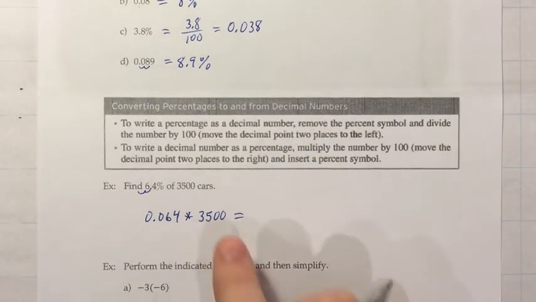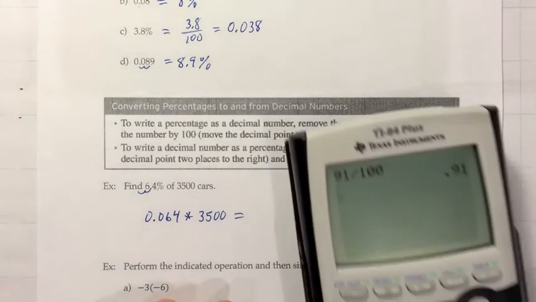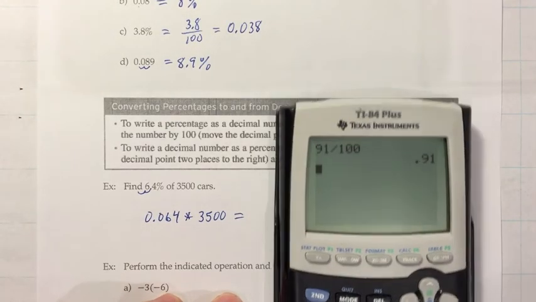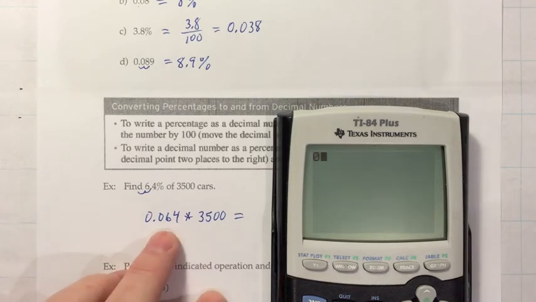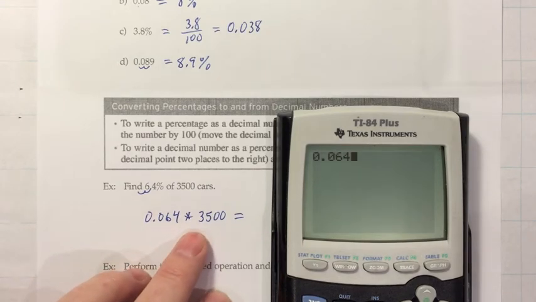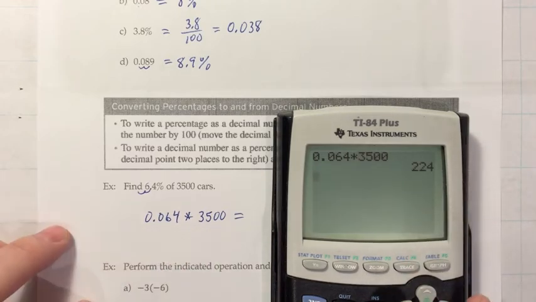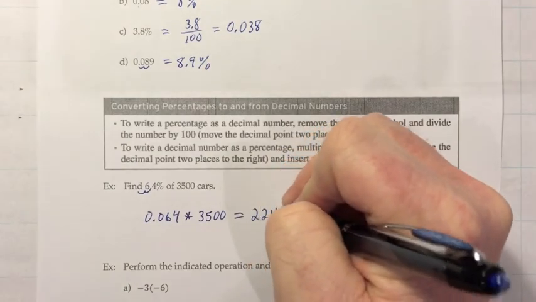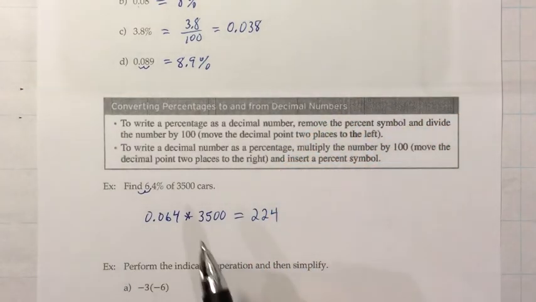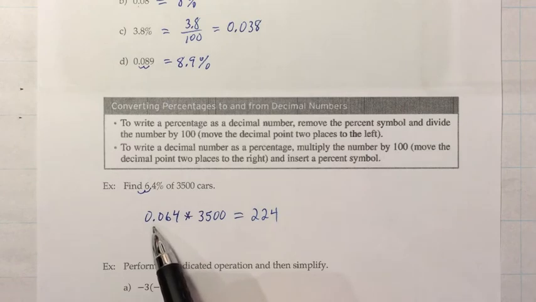And speaking of calculators, I do want to bring it in here. I could do that multiplication by hand, but I don't want to. So 0.064 times, notice it does an asterisk, 3,500, which is 224. You don't have to use the asterisk, but again, if you use the dot, you have to be careful not to mix it up with the decimal.